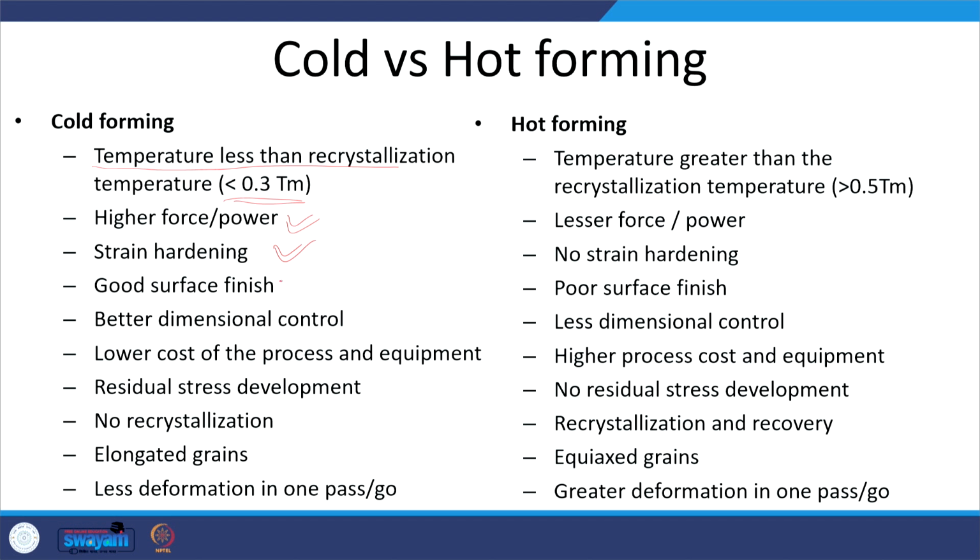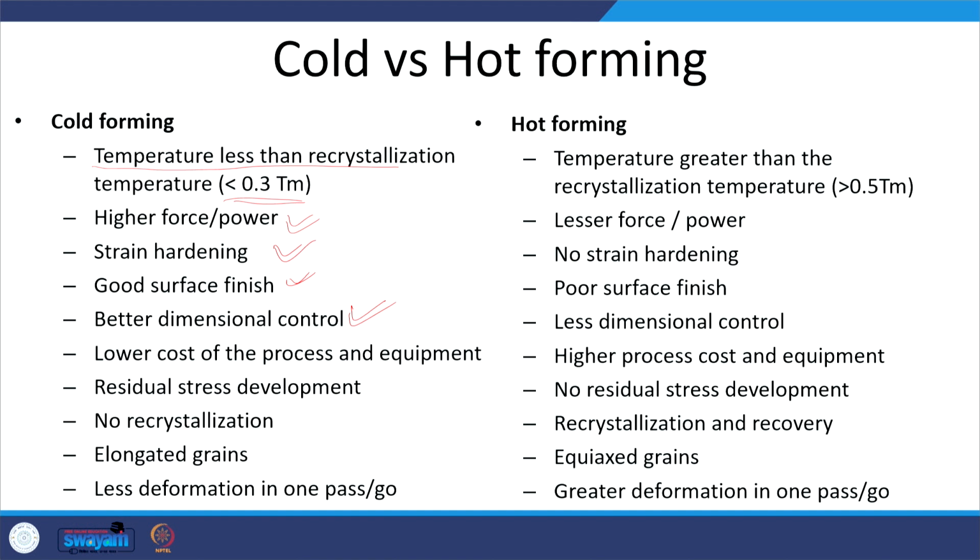Absence of oxidation and nitride formation at the surface during cold forming results in a good surface finish. Also, the dimensional changes due to heating and cooling, thermal expansion and contraction, are absent in cold forming. That in turn results in good dimensional control and a lower cost of the process and equipment, because it does not require systems for handling and heating hot metals and the related process controls.